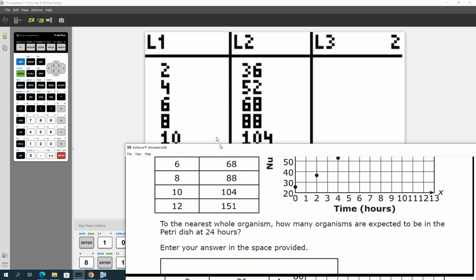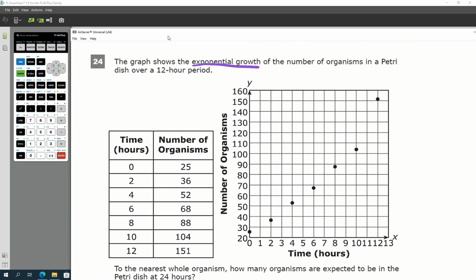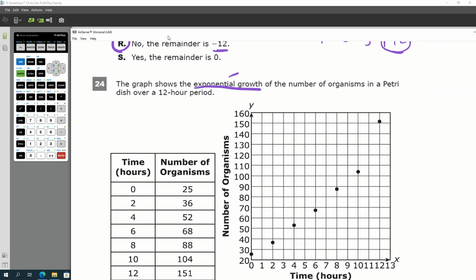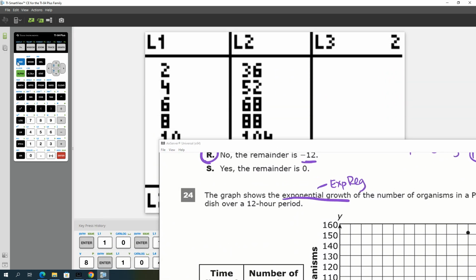Okay. All right, and then because they told us that it was an exponential growth, we're going to find an exponential regression equation. And to do that, we're going to need to quit out of here.